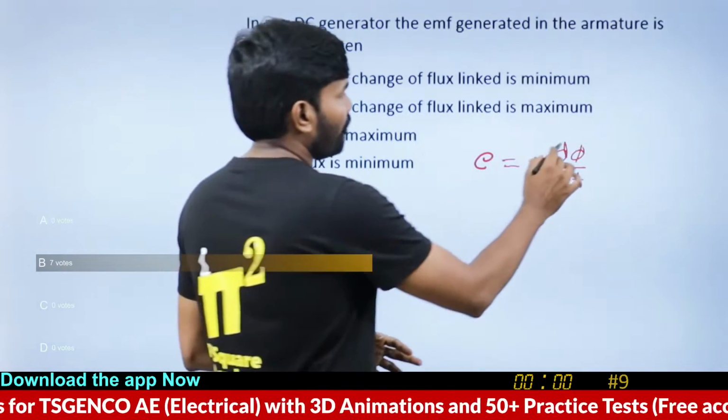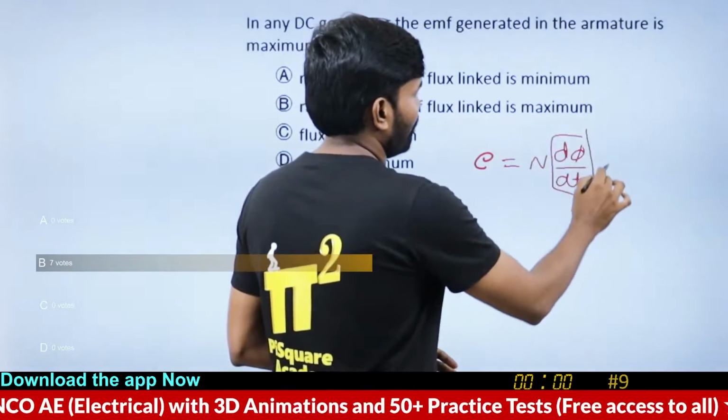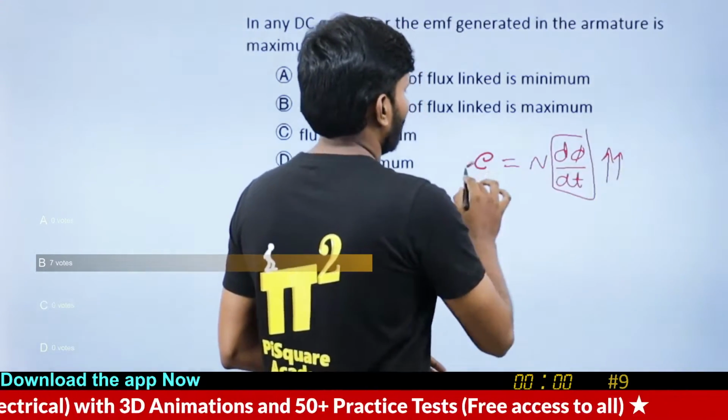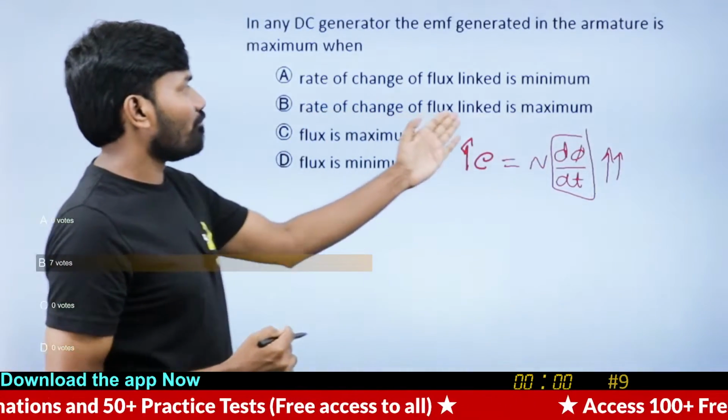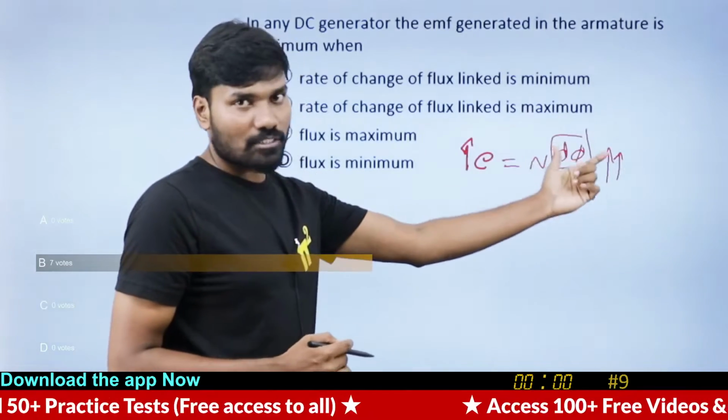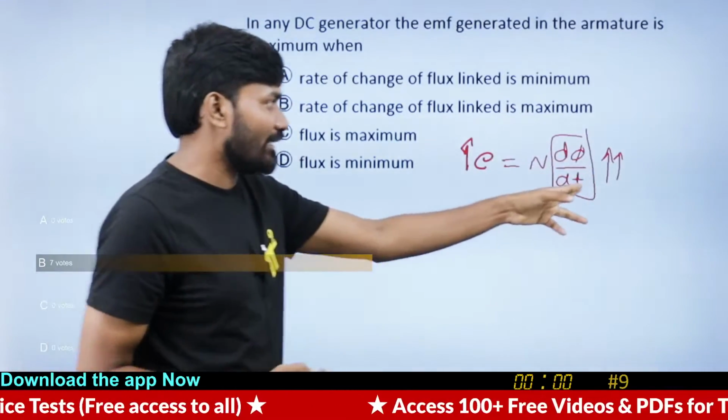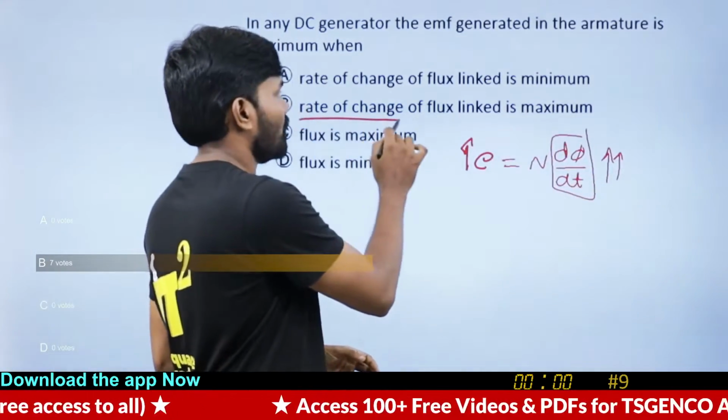So d phi by dt is maximum, so induced EMF is maximum. So the rate of change of flux linked, d phi by dt, is maximum.